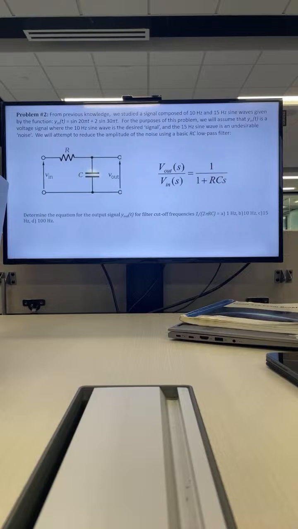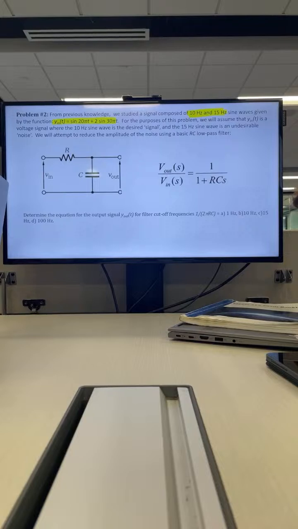From our previous knowledge, you know that if we have a signal composed of 10 Hertz and 15 Hertz sinusoidal waves, then we can write the input signal y in as sine 25t plus sine 35t.